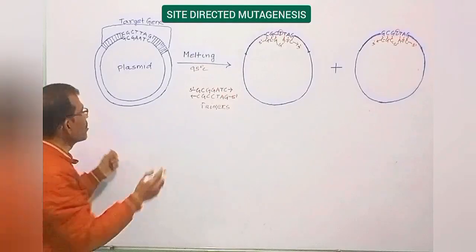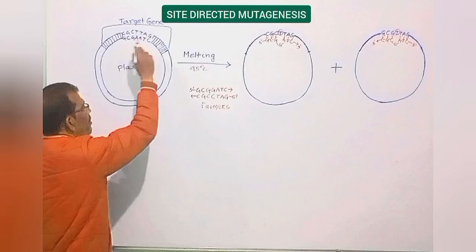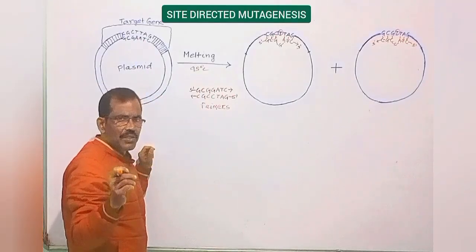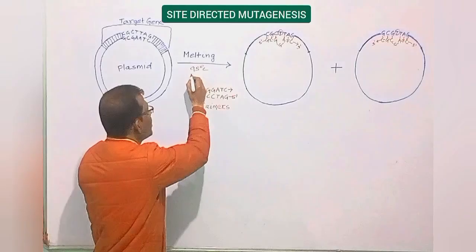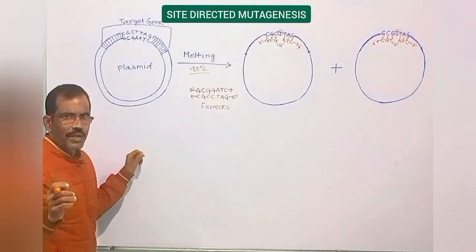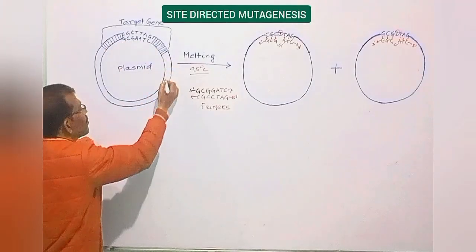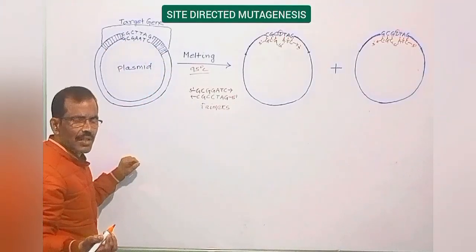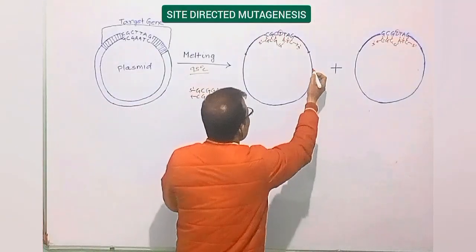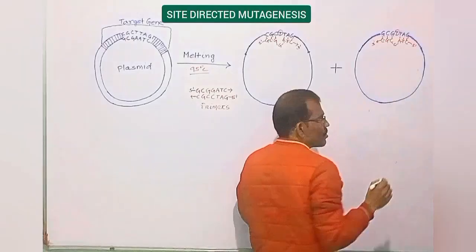After insertion of the target gene into the plasmid, the vector is melted or denatured by raising the temperature to 95 degrees centigrade. Such a high temperature will break down the hydrogen bonds between complementary nucleotides, resulting in the separation of two single-stranded circular DNA molecules.